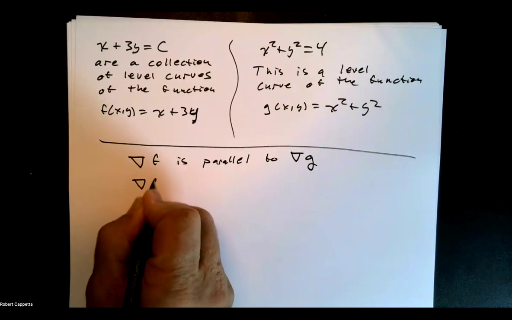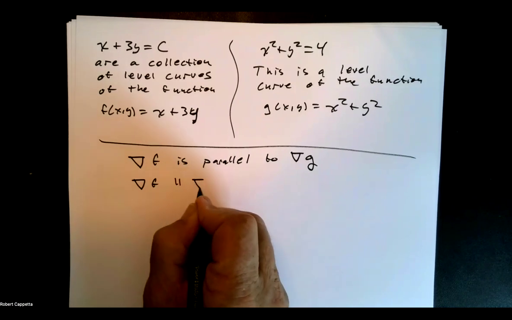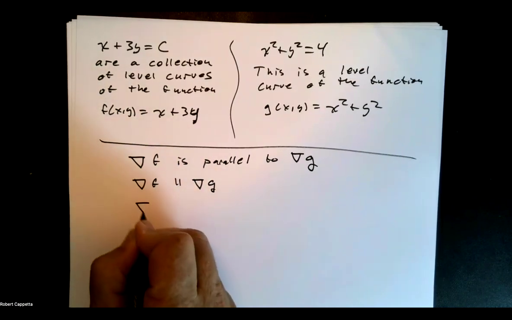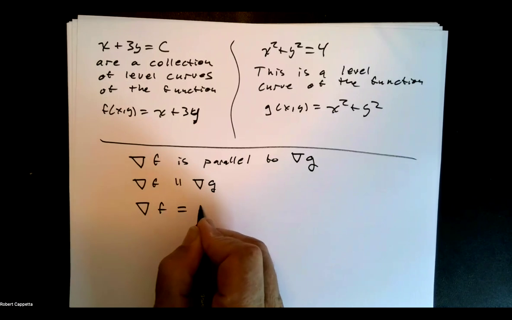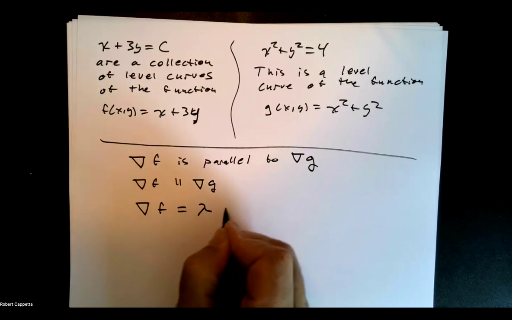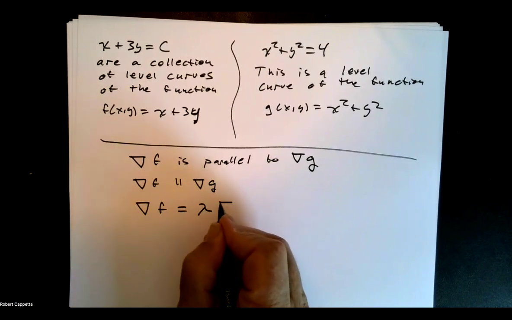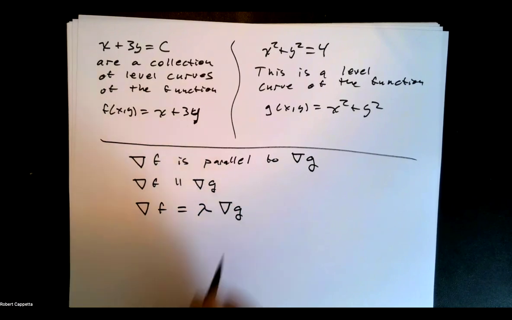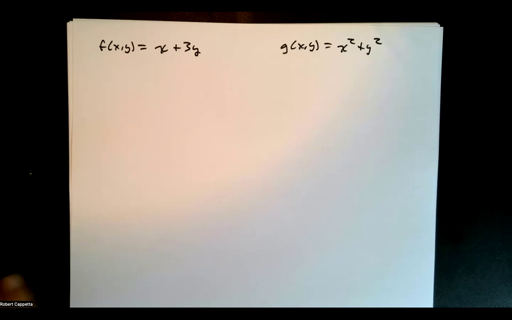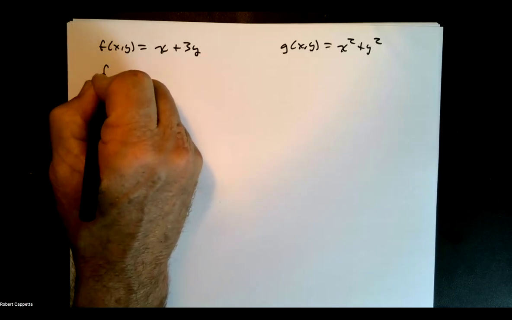So if gradient of f is parallel to the gradient of g, we say the gradient of f is some multiple, and it is traditional to use lambda, probably because of Lagrange, honoring his name. The gradient of f is some multiple of the gradient of g. So we need to find out what the gradient of f and the gradient of g are, and then do some algebra. So here are our two functions.